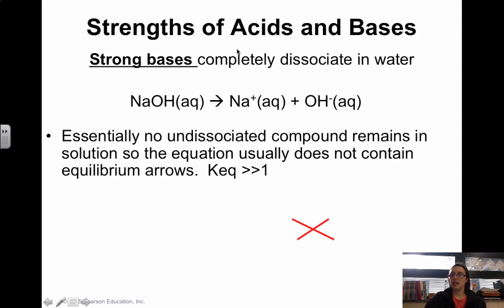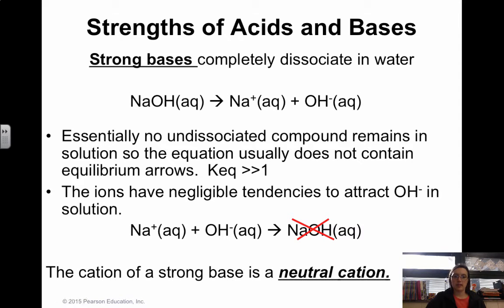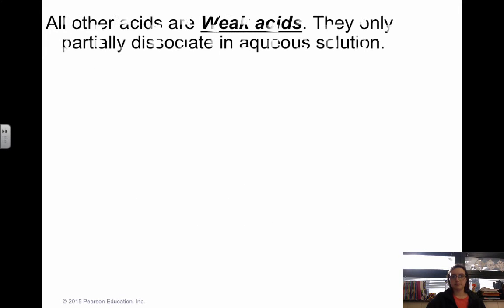There are only Na plus and OH minus, so Keq is much, much greater than 1. We have only products after the reaction has occurred. So the cations do not want to attract an OH minus at all. They have negligible tendencies. So that means that the cation of a strong base is a neutral cation.